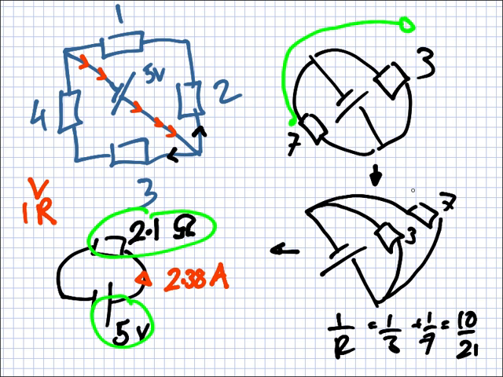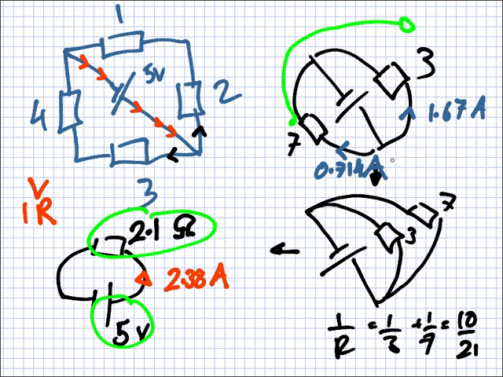What's 5 over 3 and 5 over 7, please? 5 over 3 is 1.67 amps. And then the other one? 0.714 amps. Now, add those two numbers together.